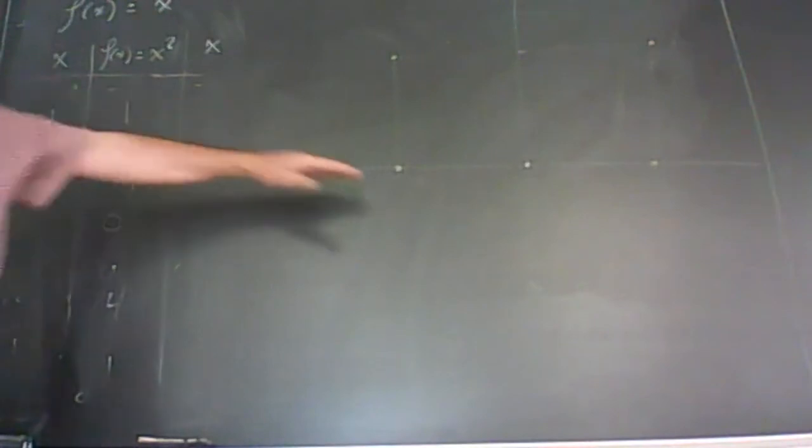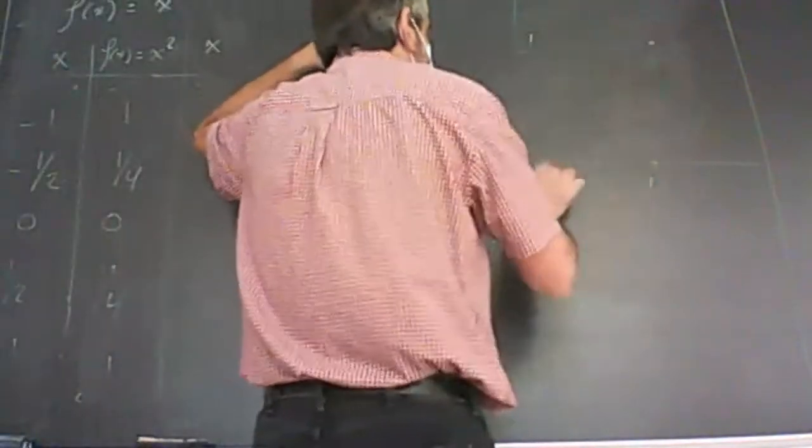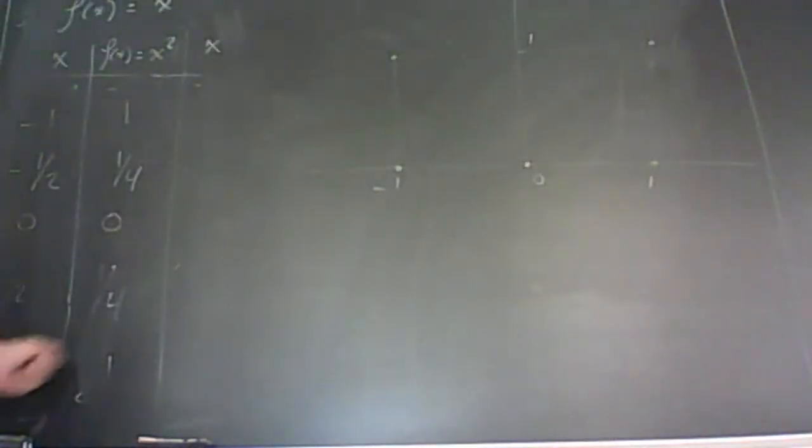It's going to go by 0, correct? Negative 1 gives me 1. The 1 gives me 1, the 0 gives me 0.